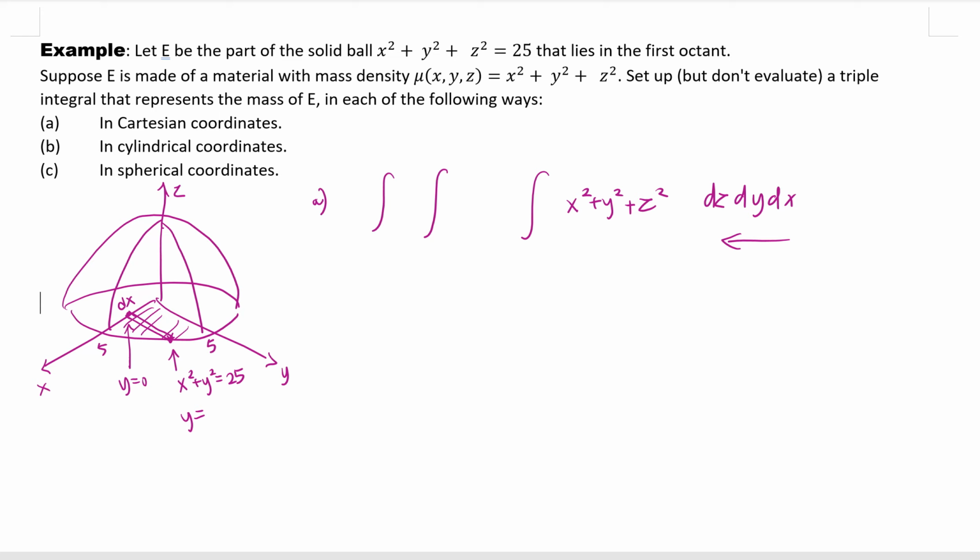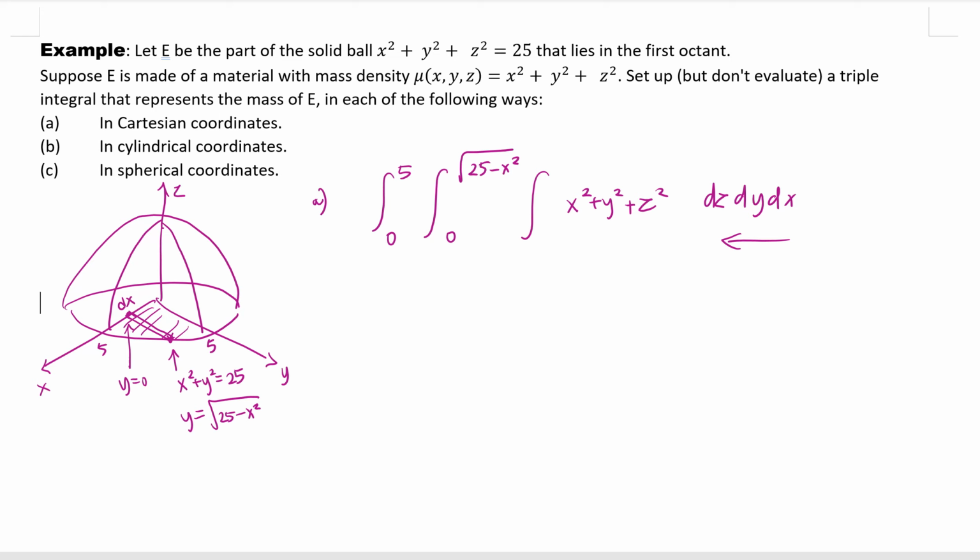This is the upper half of the circle, so y is the square root of 25 minus x squared. So x is from 0 to 5, and y goes from 0 to square root of 25 minus x squared. So far, so good, everybody?